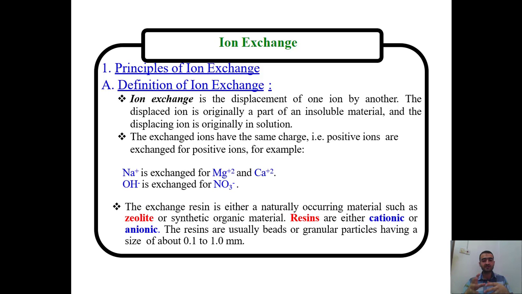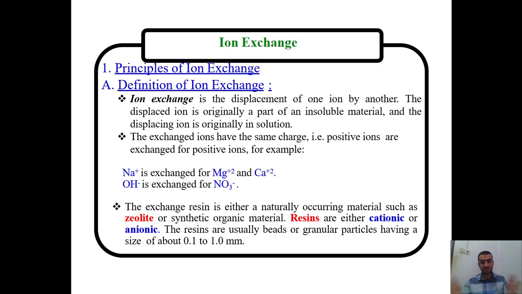The material that is going to exchange or replace the ions is called the resin. The exchange resin is either a naturally occurring material such as zeolite, or a synthetic organic material. These resins are either cationic resins or anionic resins.